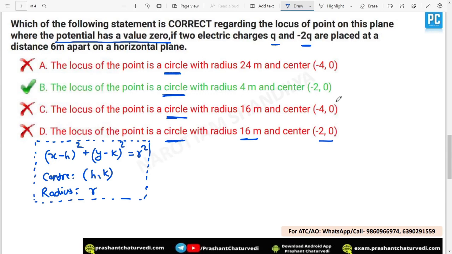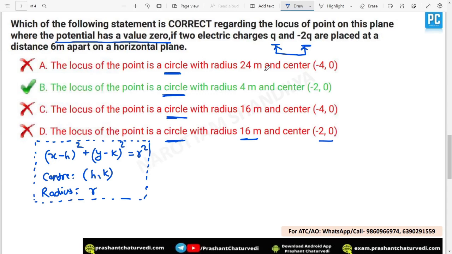First of all, let us define some point where the potential becomes zero. Last time I had done a few problems where both the charges are positive and where the zero potential point will lie.